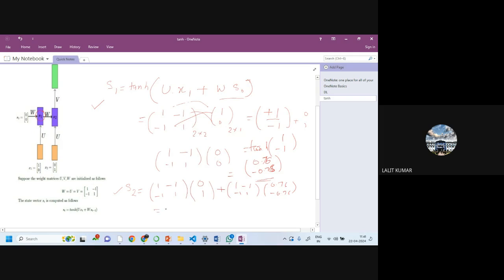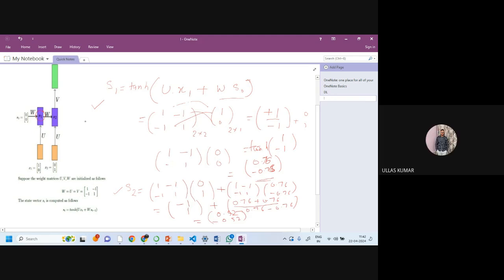So this will become 1 into 0 minus 1, 1 plus 1, 0.76 plus 0.76 is equal to 1.52. 1.52 minus 1, this is minus 0.52.